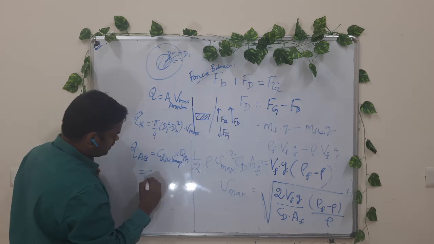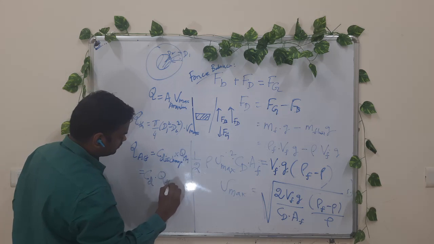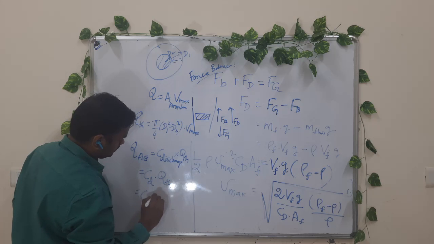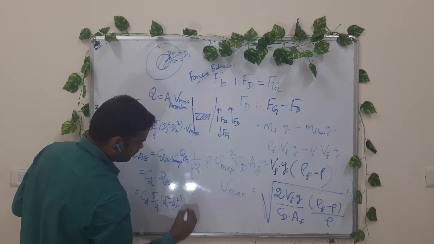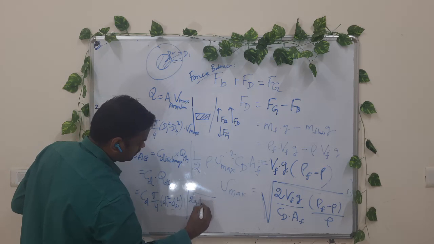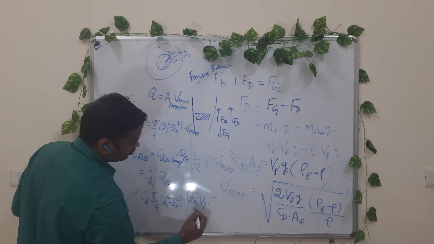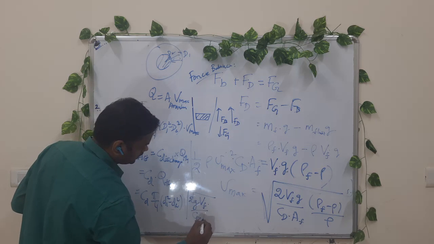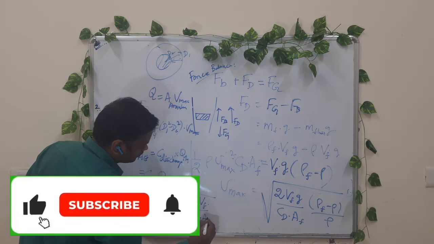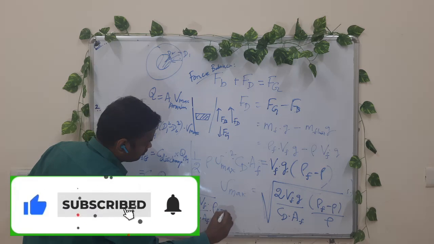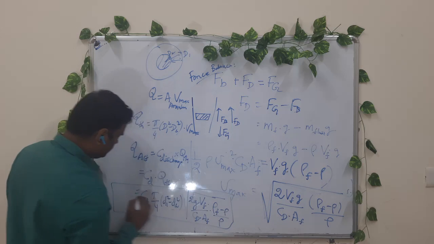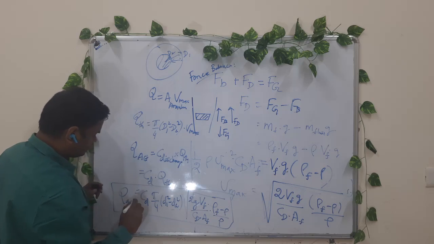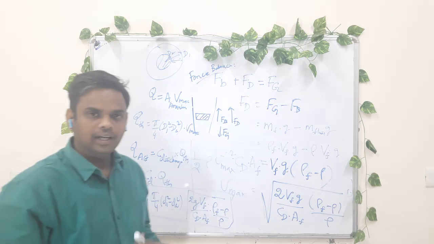So we have Cd into pi by 4 into D1 square minus D2 square into Vmax. What is Vmax? We have the square root of 2 g Vf, volume of float, by CD into Af, the area of the float, into rho f minus rho by rho. So this is the expression for actual discharge.